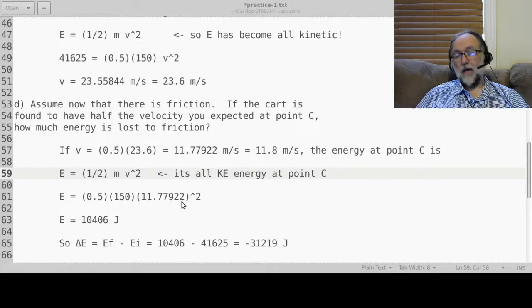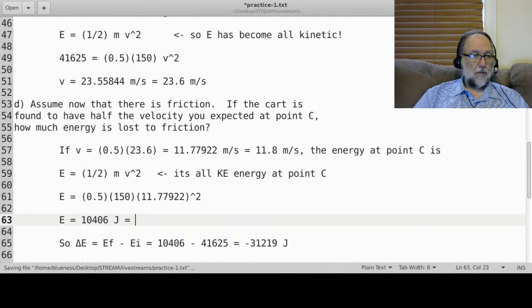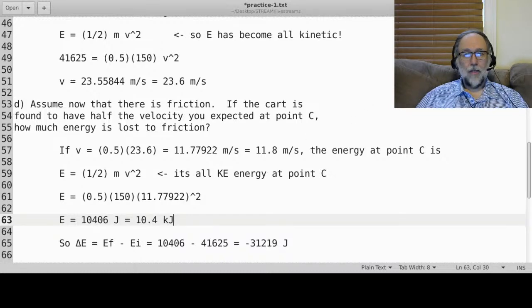I kept a lot of those digits there because otherwise I think I would be off by like 40 joules. Not that that's a lot, but I figured I'd get it more accurate. And so you find that the energy is 10,406 joules, which on a test you may see written as like 10.4 kilojoules.